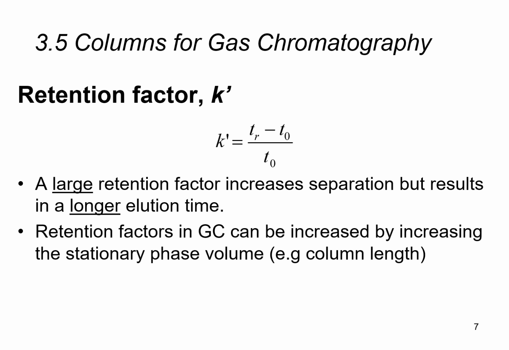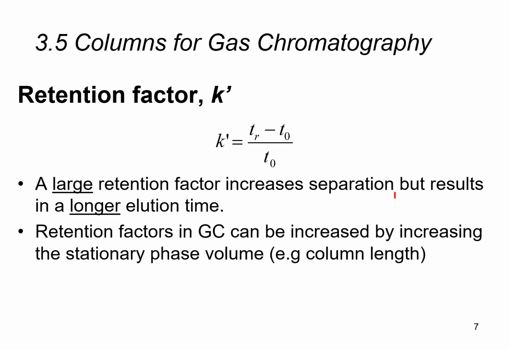So of course, a large retention factor will indicate that there's a lot of interaction, and therefore we have increased separation. But the trade-off is that it also has a much larger elution time.